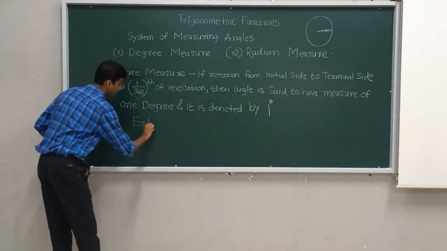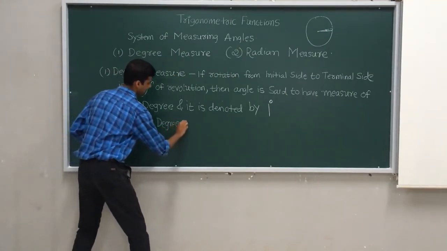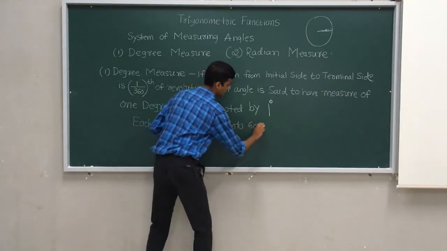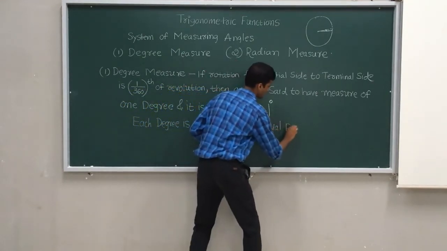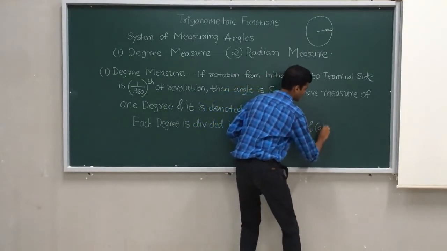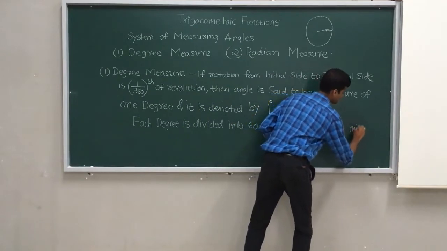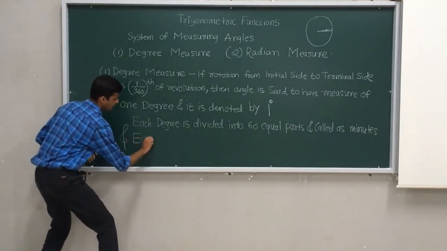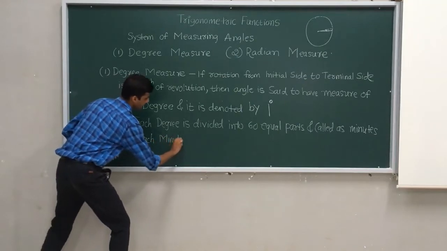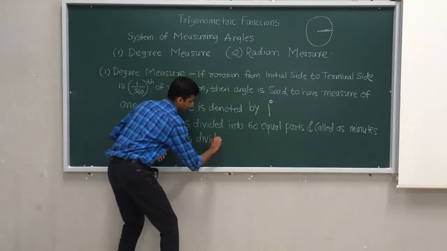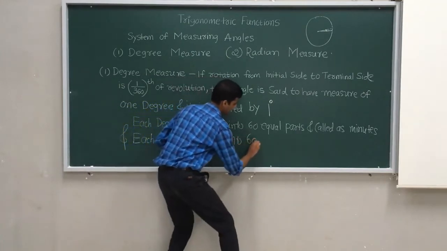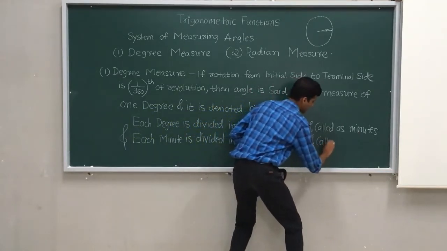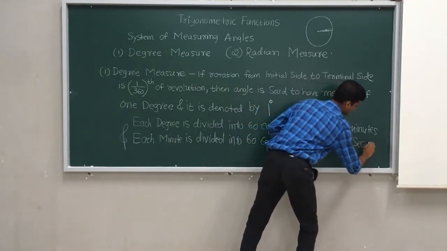Each degree is divided into 60 equal parts and called as minutes, and each minute is divided into 60 equal parts and called as seconds. Hope you understand.